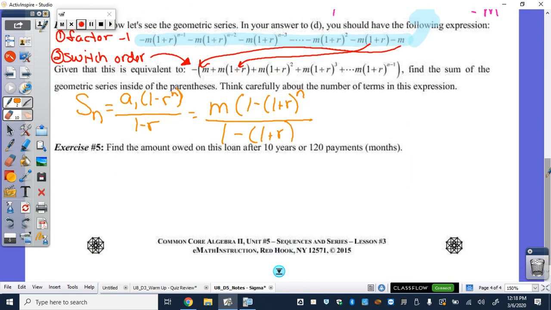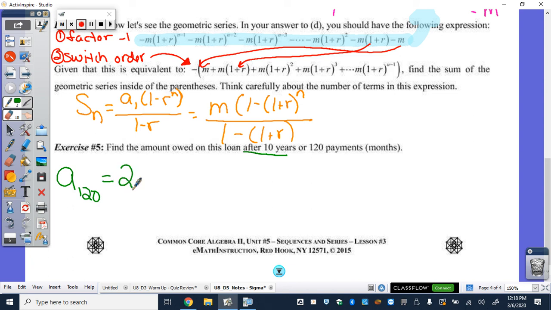So to actually figure out how much you owe at some random point in time. So this one wants to know how much is owed on the loan after 10 years, which would be 120 payments because it's 12 payments a year for 10 years. Because again, I'm doing an explicit technically still, so a sub 120.